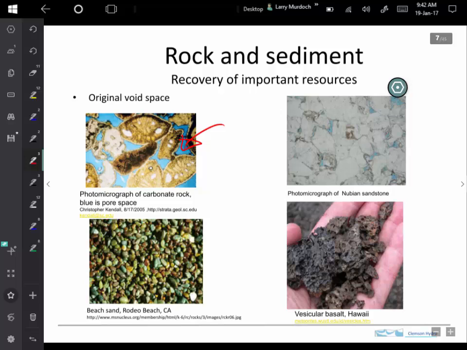Here's a vesicular basalt. So these pores are small gas bubbles that are formed in a molten rock, and as the rock cools, the gas bubbles there are quenched in place, forming structures. In that case, those pores may be connected or they may not. They may be fairly isolated pores.